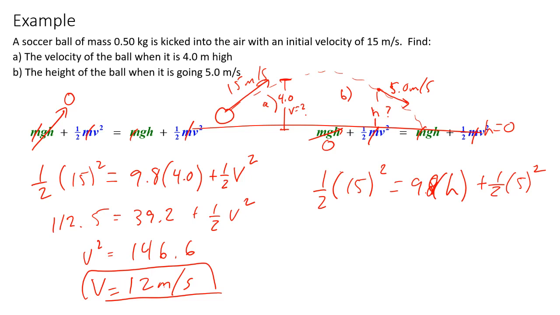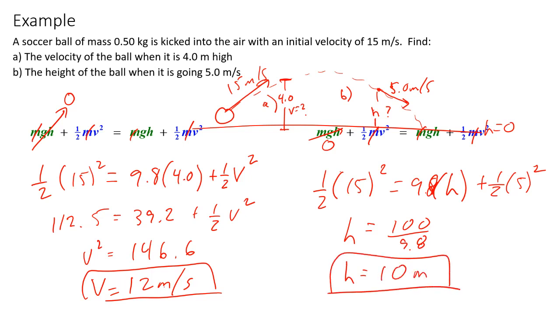So our formula will look like so. If we plug and chug this through, we should get h is equal to 100 over 9.8, or h is equal to 10 meters. Okay, so big idea. We have to take 2 snapshots, an initial and a final spot that we are analyzing, and then apply our idea that energy is constant throughout every spot of this thing's motion.